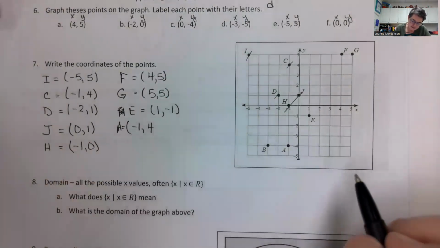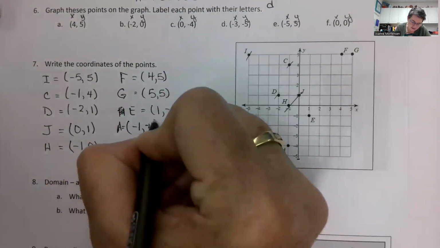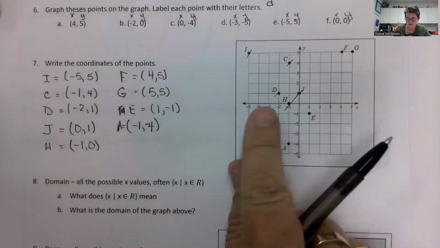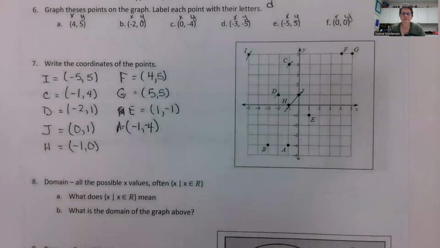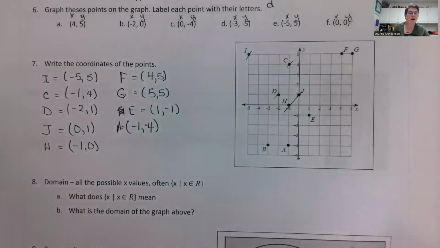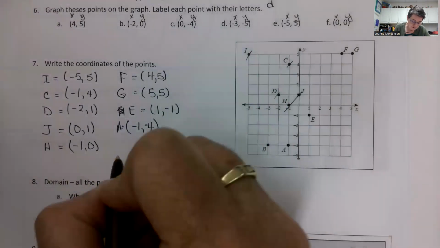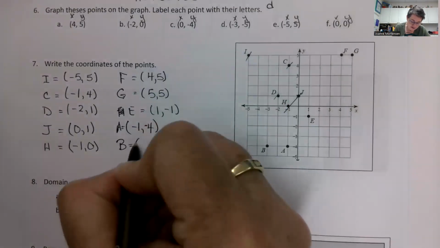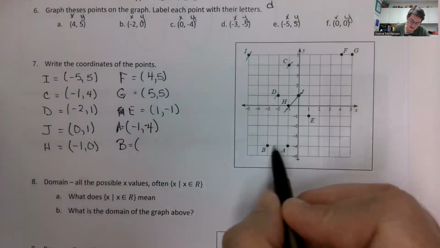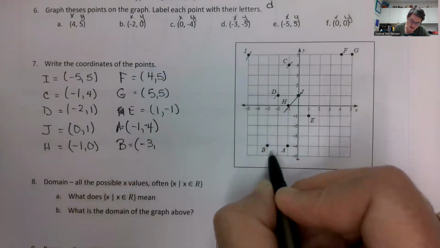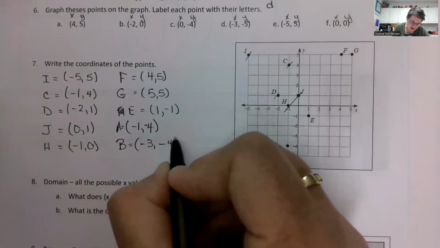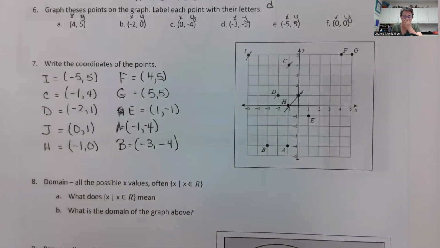No, that's not right. 1 and negative, because this is the third quadrant, and that's how I caught myself. I know both coordinates are negative. As always, where I screw up often is with negatives. So B is -3 over and -4 down.